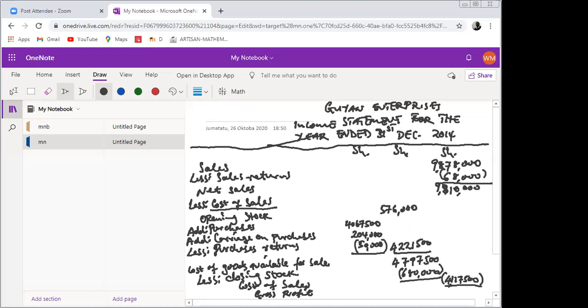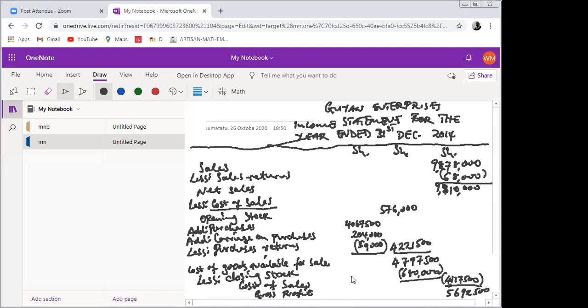What do you get? 5,692,500. That is what we call the gross profit. The gross profit is what you get after buying and selling the goods. It is actually an income you get from buying and selling of the goods.